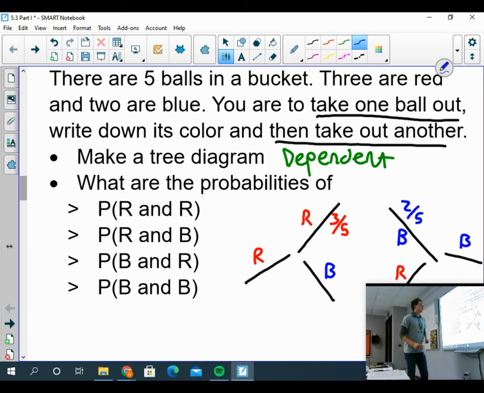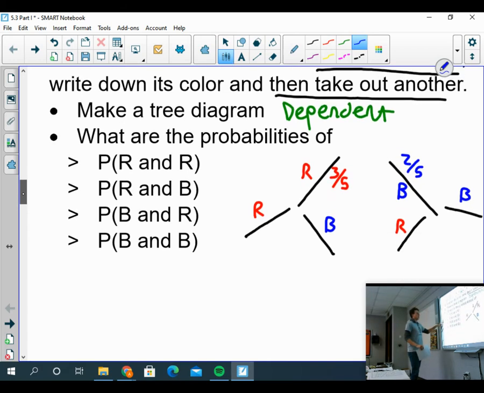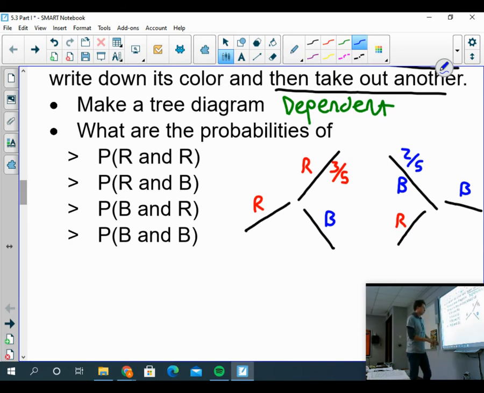Now, what is the probability of the branches below? Well, this probability depends on the first selection. Okay? If I select a red ball and then try and select another, I have a 2 in 4 chance. Okay? I have a 2 in 4 chance because I'm not replacing that first ball.